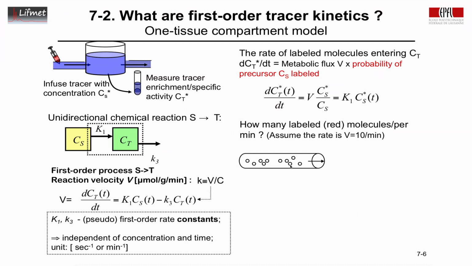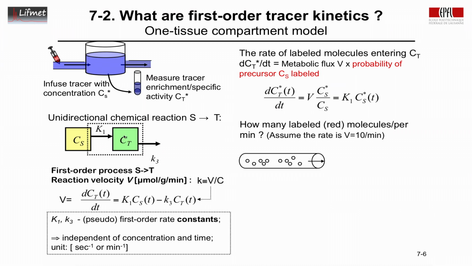And now the question is, how many of those are going to be producing in the tissue here? What is the rate of molecules that are being produced? Assuming that on this side we're supplying a total of 10 molecules, if there are 10 molecules coming here, how many red molecules are being produced here?